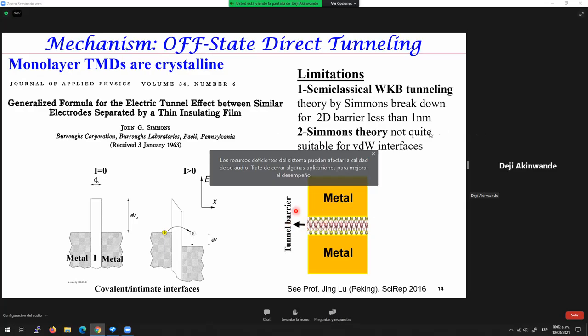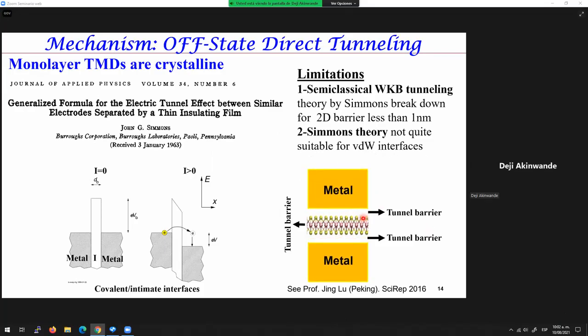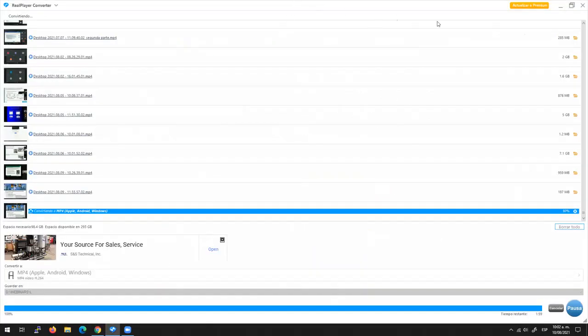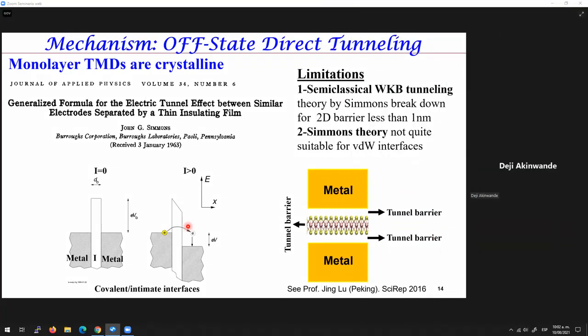The other reason this theory does not adequately describe the tunneling current that we've observed, and this was not appreciated in the original paper by John Simmons, is that this theory assumes you have more or less intimate interfaces. We can say these are more or less epitaxial interfaces between metal and insulator. But in the 2D materials, these are neither epitaxial nor intimate interfaces. What we actually have is a van der Waals gap between the electrodes and the active layer.